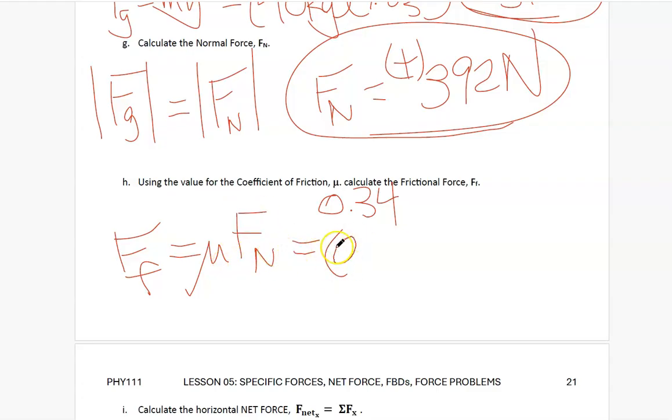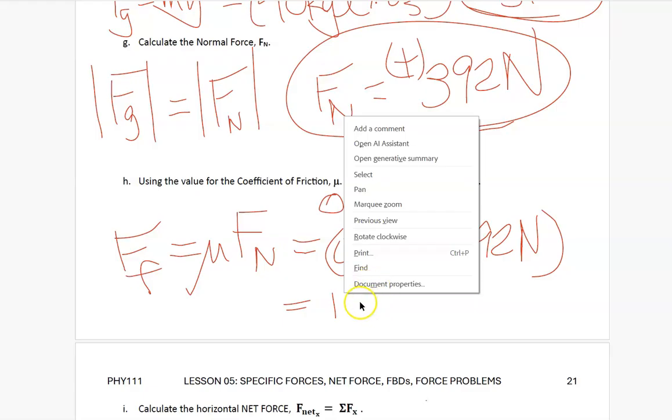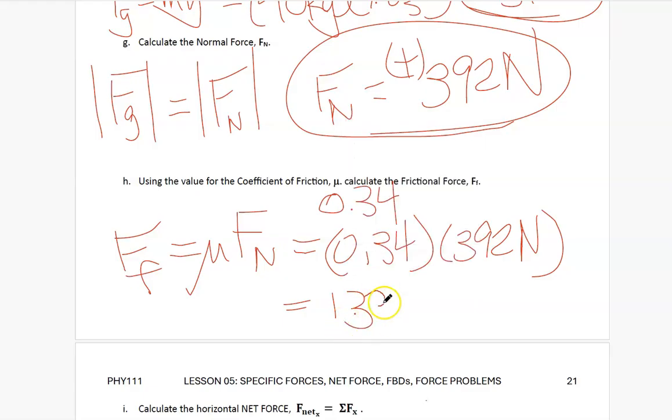Well, that mu is 0.34, no unit, and the normal force is 392 newtons. And you'll see I didn't bother putting the positive sign in there. And when we multiply these together, we get 133.28 newtons.